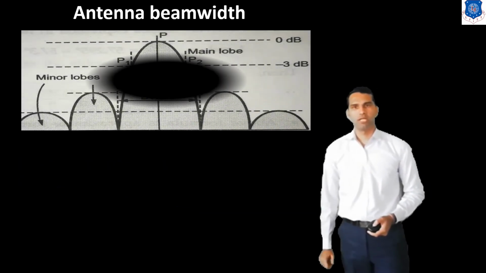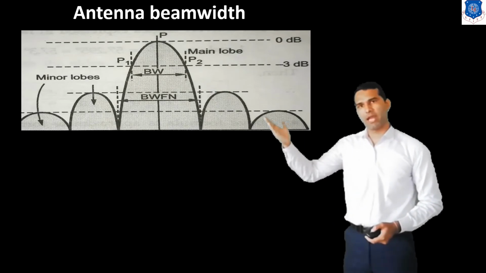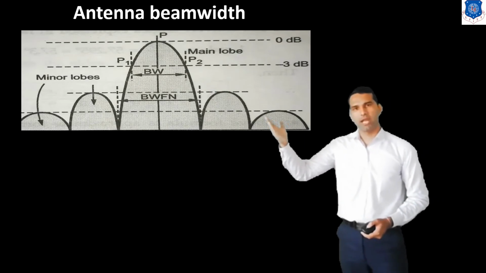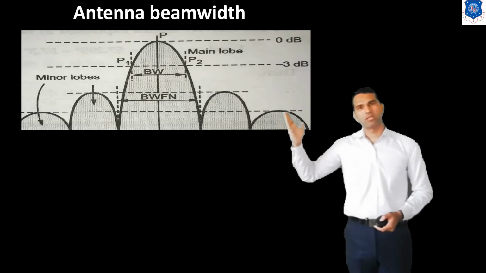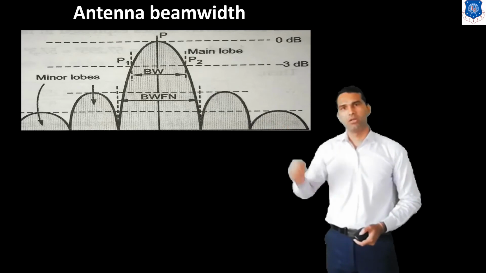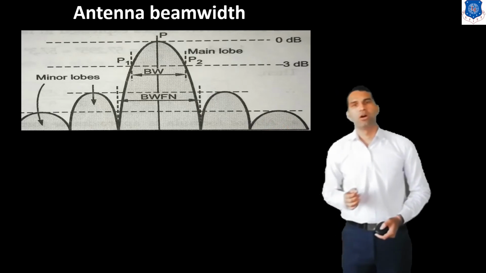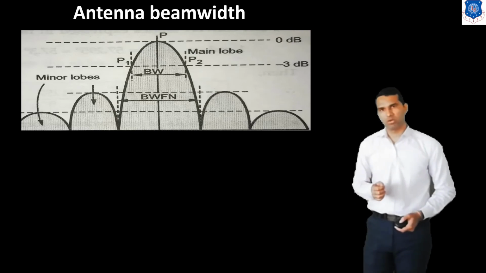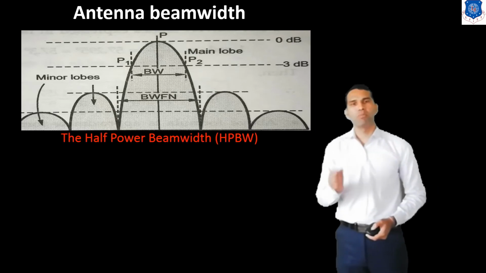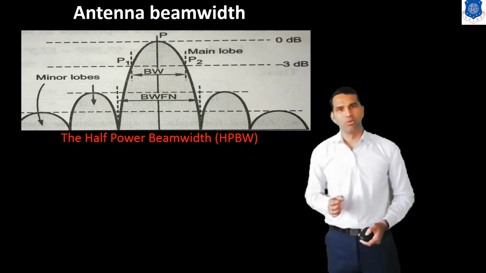To understand this, we have plotted the radiation pattern in this plane. Here we can see the main lobe. Two beam widths are most important. First one is the half power beam width, defined as HPBW.